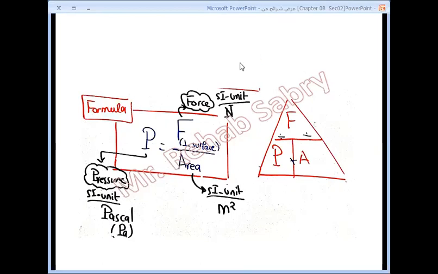Yes, it's an excellent observation. The Pascal is equivalent to Newton per meter squared. We call the Newton per meter squared Pascal. So if I ask you what is equivalent to the Newton per meter squared, you would say it's Pascal.